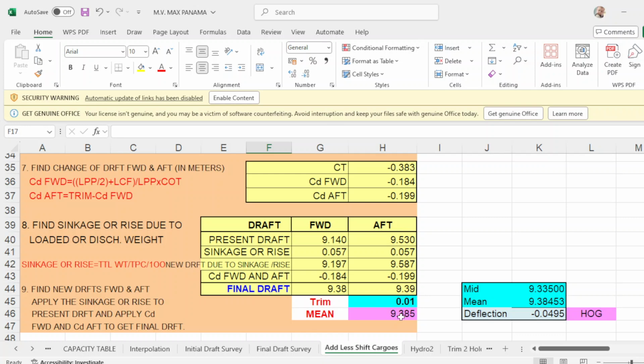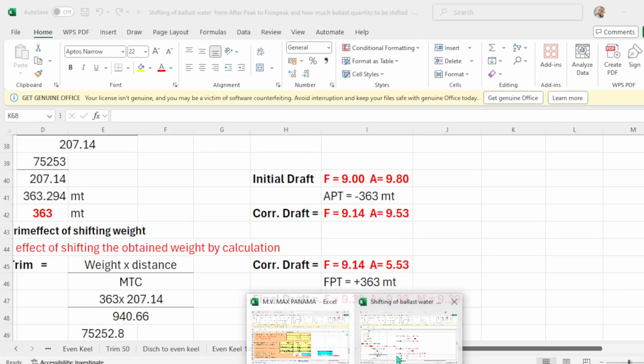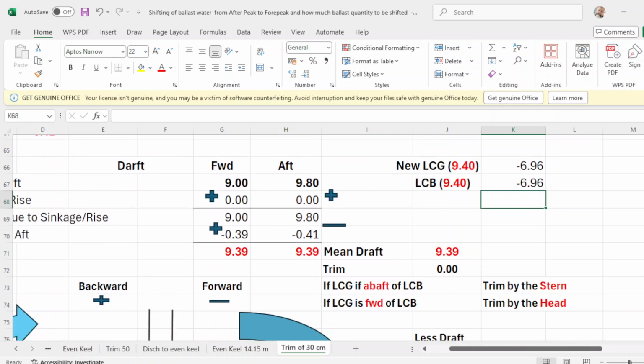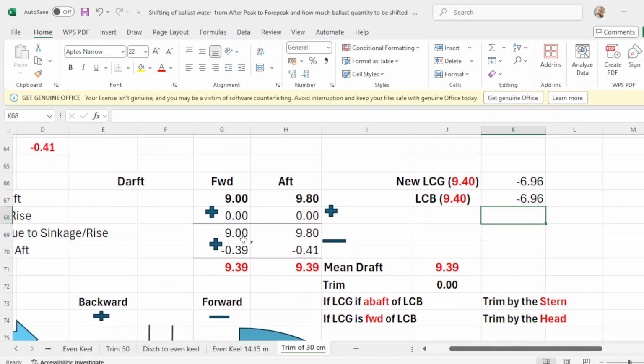Your trim is 0.01, your mean is almost 9.39. But in our computation, the result of your final drop would be forward 9.39, up 9.39, and your mean drop is 9.39. You have zero trim.